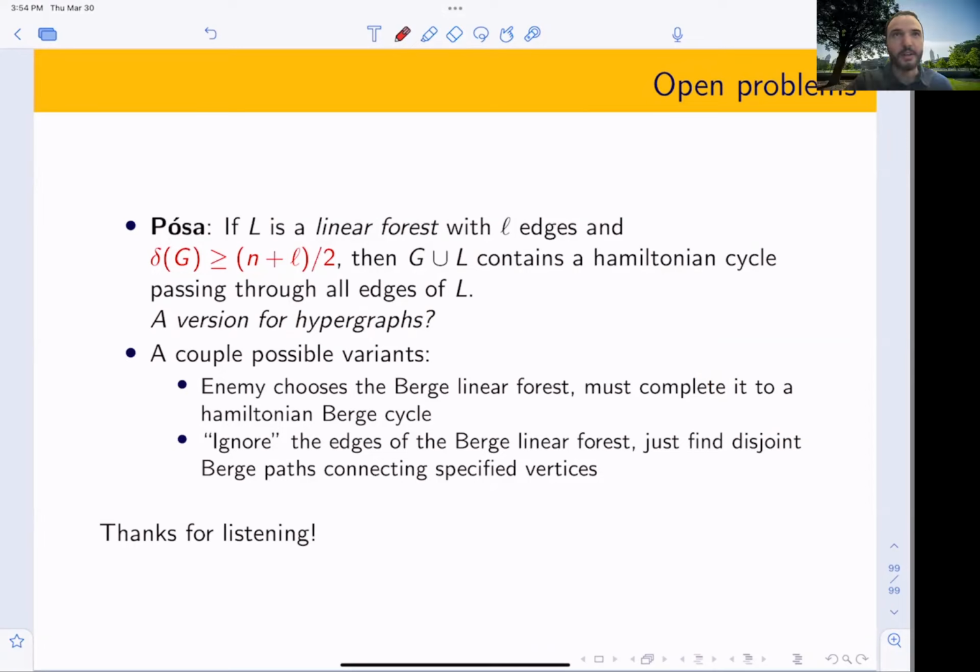Okay, and are there any questions? Okay, I had a question. All these results are for r-uniform. What if I said that all of the edges had r or r+1 vertices, for example?